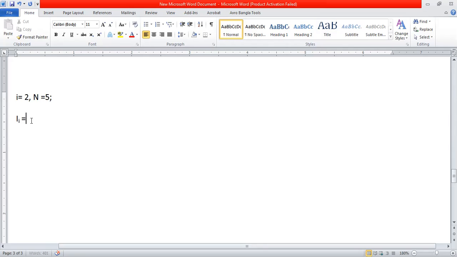So if we want to calculate the current of bus 2, then that should be I2, because small I is 2. So we have to calculate the current for bus 2.